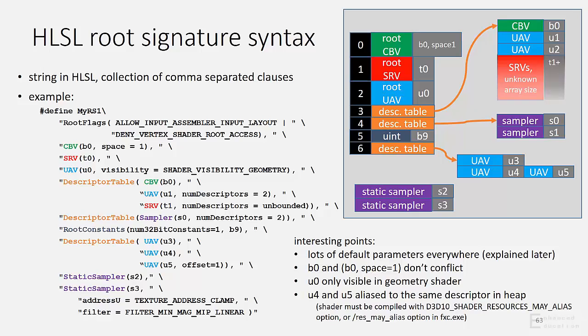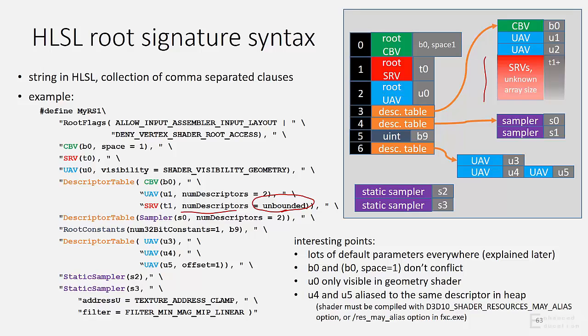The next couple of parameters define a couple of descriptor tables. The first containing a constant buffer view, a couple of UAVs, and interestingly, at the end of the table is an array of shader resource views of unknown size, and that's defined by using the unbounded definition for the num descriptors.